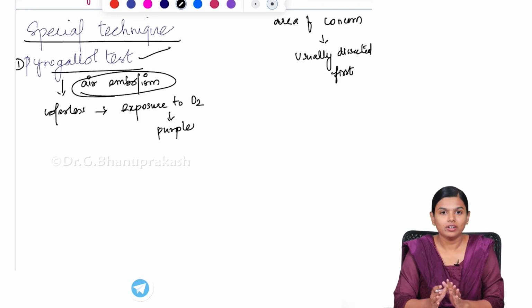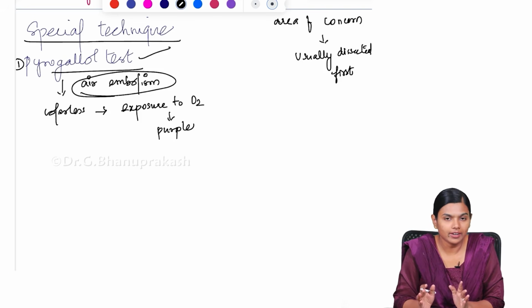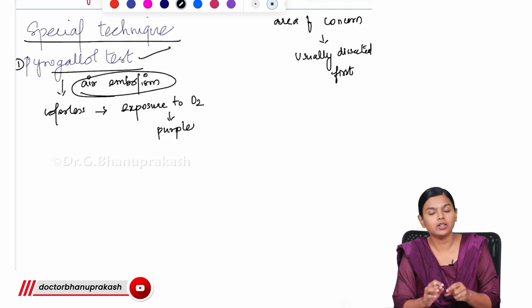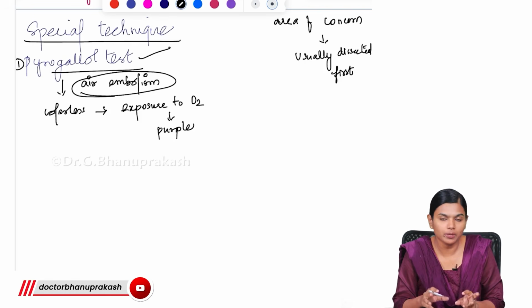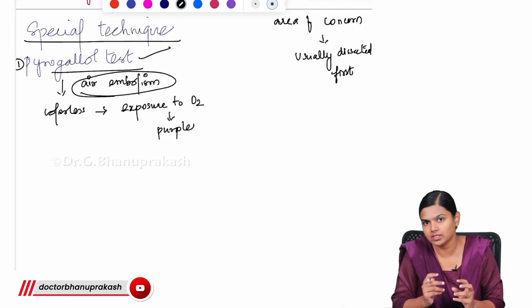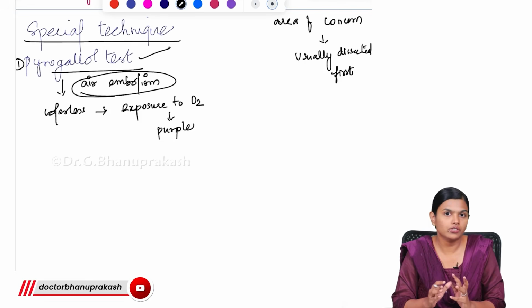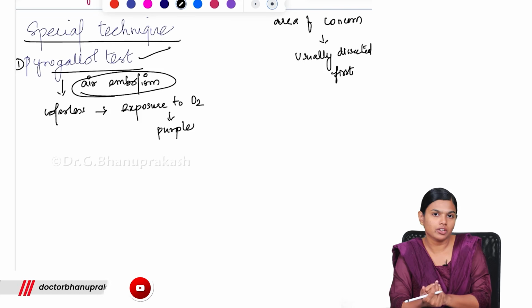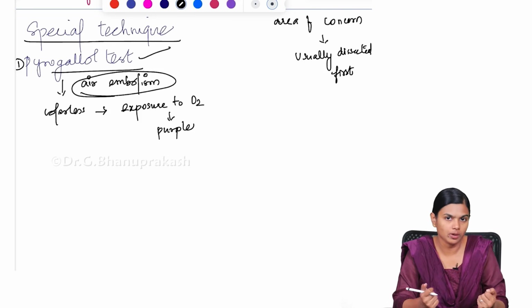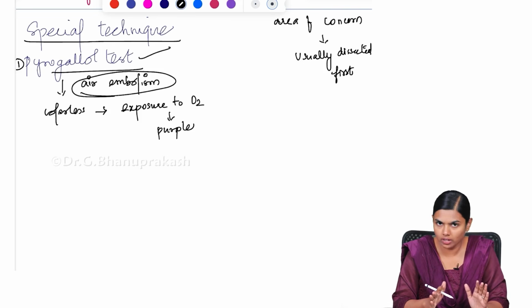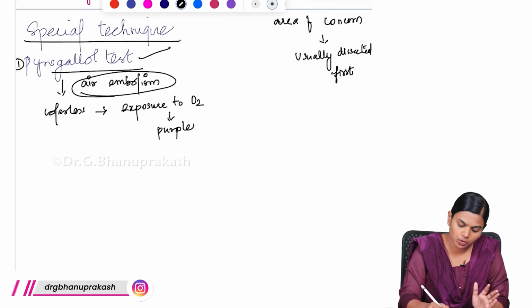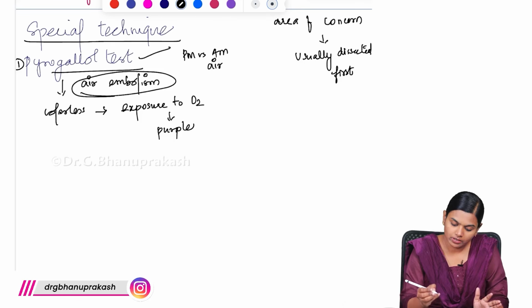The pyrogallol test is basically used to identify air embolism. Even after death, in the post-mortem period, there will be accumulation of air inside the vessels and certain organs. To differentiate whether it is a post-mortem accumulation or ante-mortem air embolism, we use this pyrogallol test.